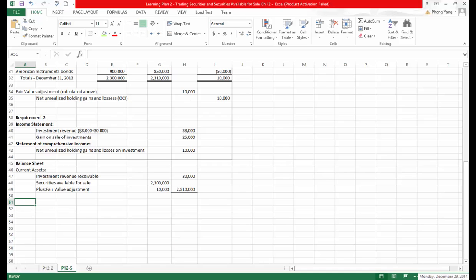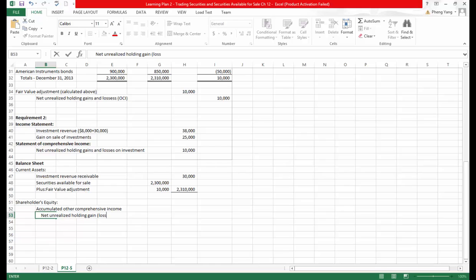And then for the shareholders' equity section, this is how the net unrealized holding gains and losses will look, which is the 60,000 minus the 50,000, or 10,000 from above.